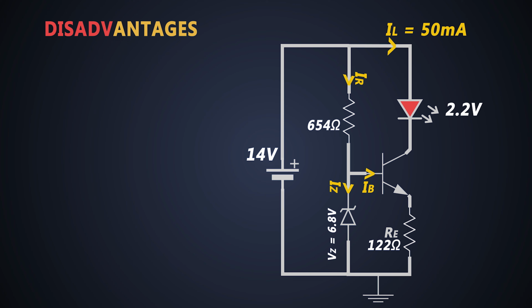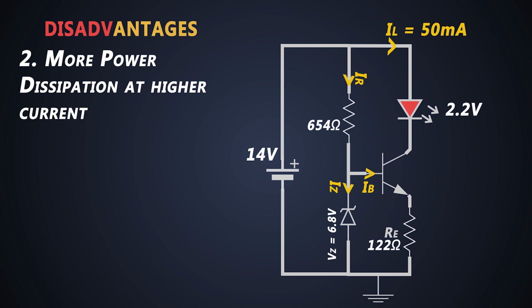So there will be considerable voltage drop across this resistor. And if you use this circuit for high current application, there will be so much of power dissipation in this circuit. So this should be limited up to small current applications only.